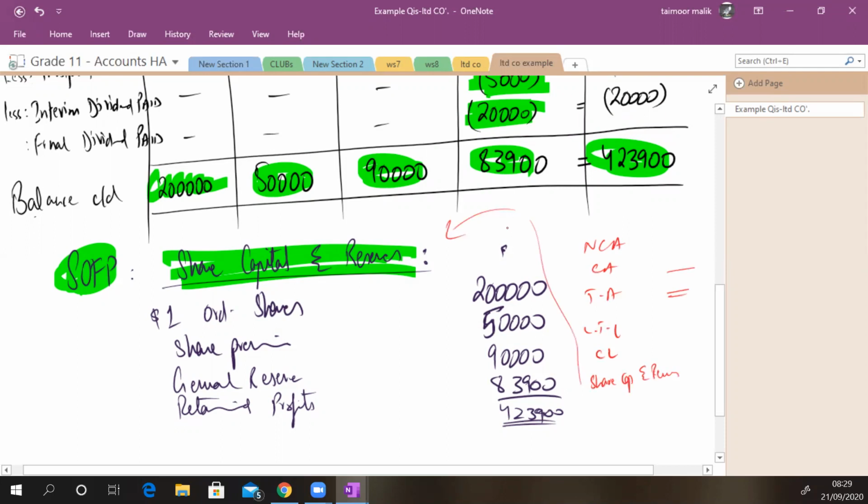So ये equity वाला जो portion है ना, finance वाला जो portion है, these would be the values that will go in the statement of financial position के finance वाले section के. ठीक है? Any question, anyone? No, sir.